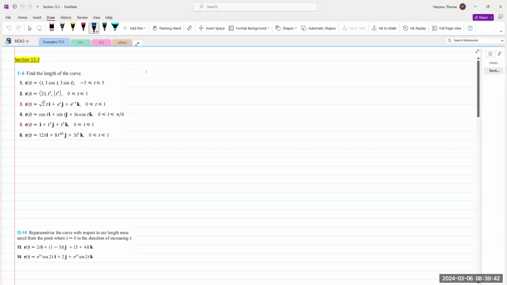Okay, for example, let's see number 2. We have r(t) equals 2t, t squared, 1/3 t cubed, for t between 0 and 1. We want to find the length of the curve, so we do the first derivative first, and then get the magnitude.